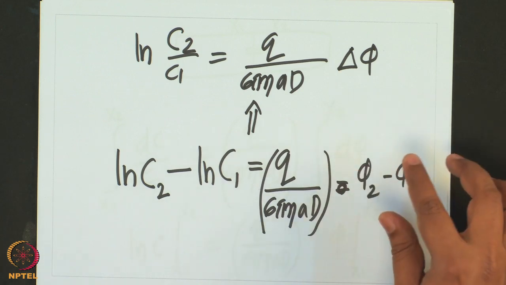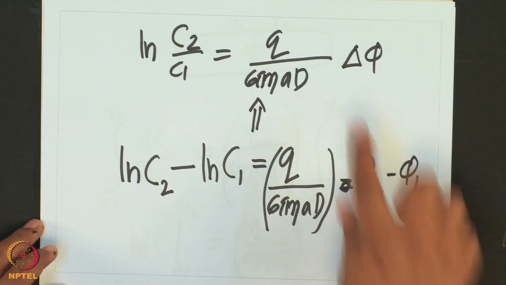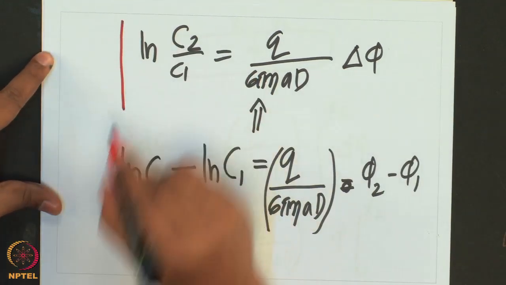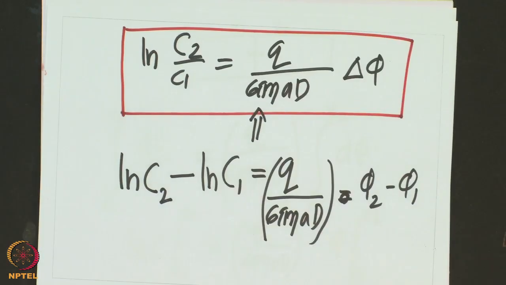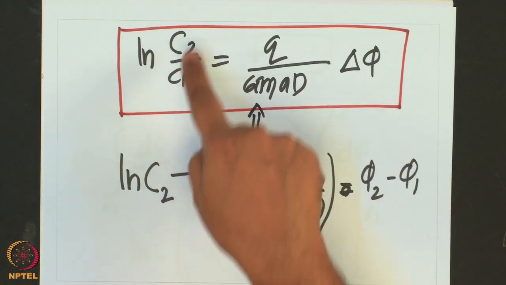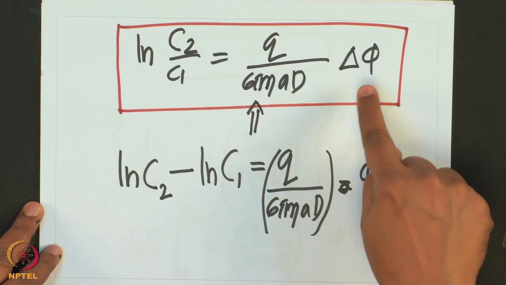Let us again rewrite this a little bit more, in the way we would typically see it. This is the relation between the concentration on either side with delta phi, which is the potential difference.